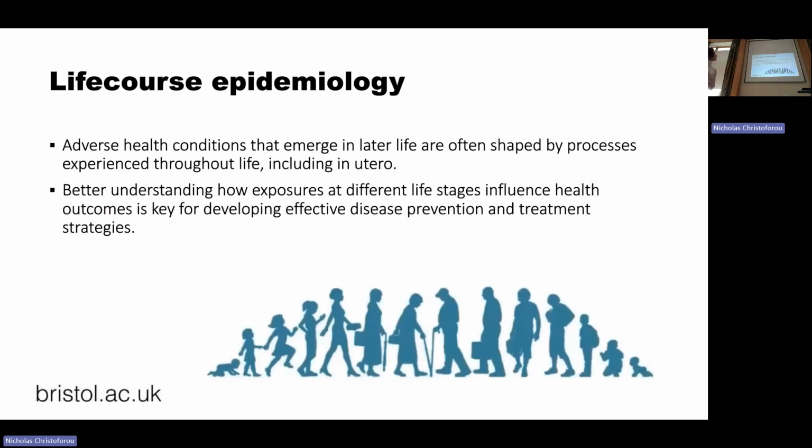So diseases diagnosed in adulthood often have antecedents early in the life course, and gaining a better understanding of how exposures affect outcomes at different points in the life course is really key if we want to improve disease prevention and treatment strategies.